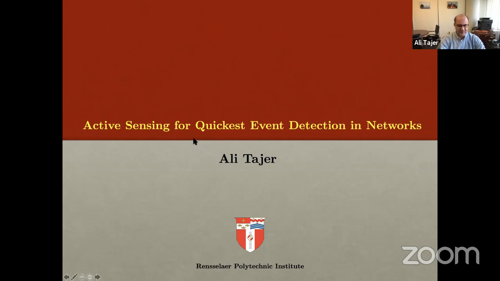That's motivated mainly from the perspective that in networks, generally, we could have a significant amount of data. But when an anomaly happens, not every segment of the data is equally informative. So we want to see if we can come up with procedures, algorithms that could very quickly focus on the segments of the network that are most likely the parts that have undergone a change or anomalous behavior, and we could sense and collect data from those localities. So that is the common theme of the presentation.